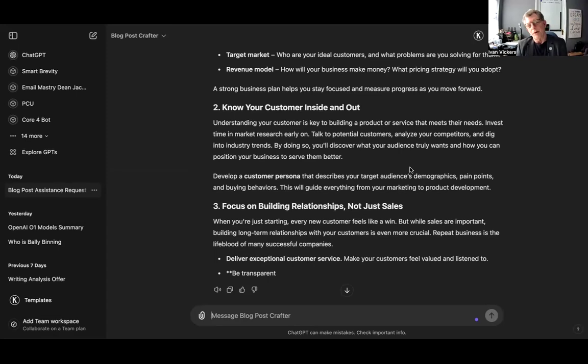Well, actually, part of it's a little too detailed. Okay, so maybe I need to change it to make it a little more high level. And also the structure is 1, 2, 3, 4, 5, which is not really how I would write.